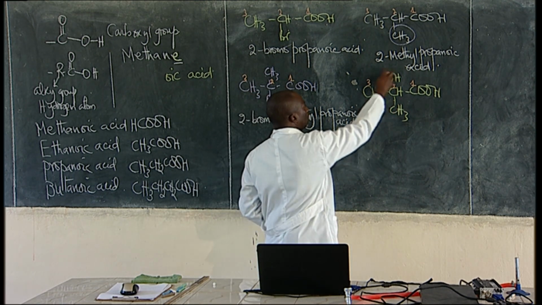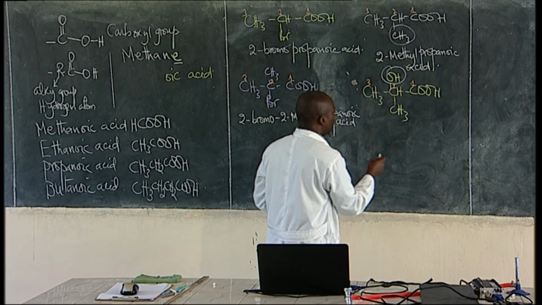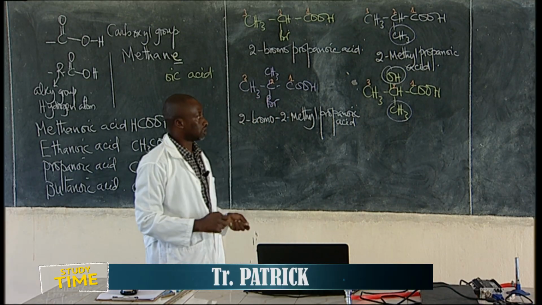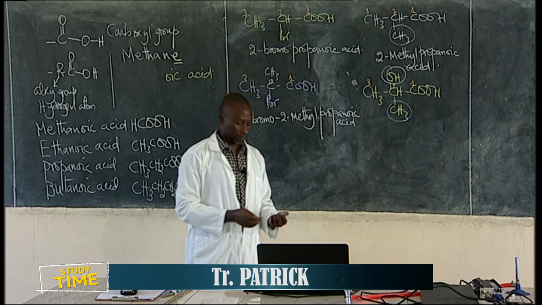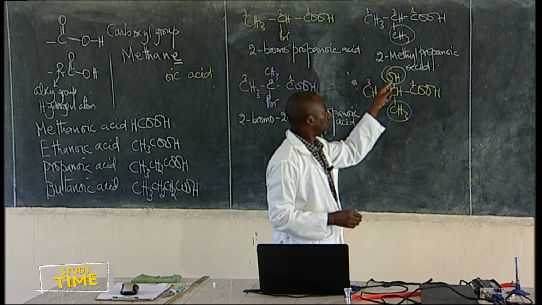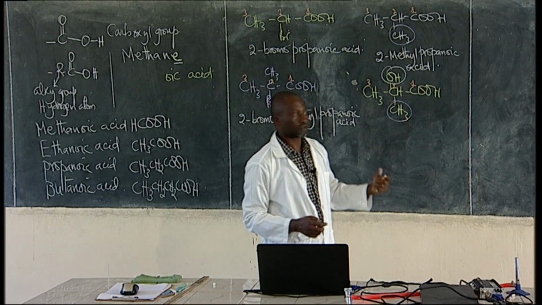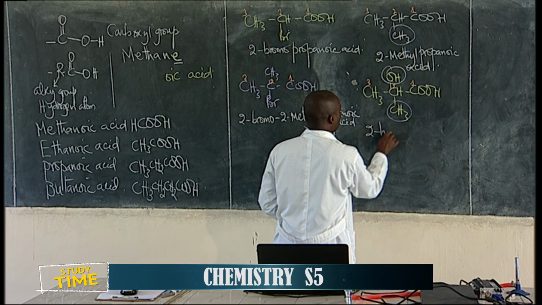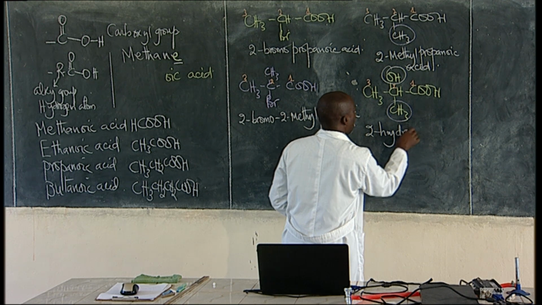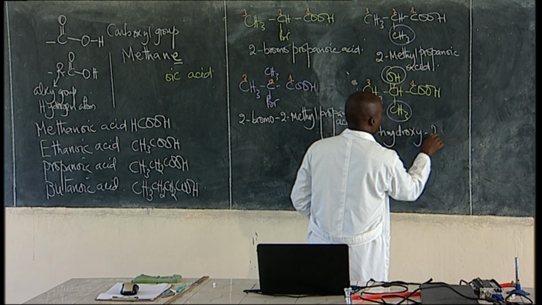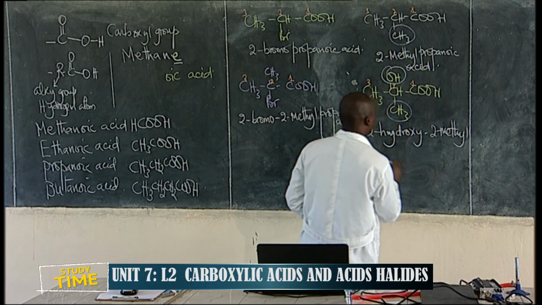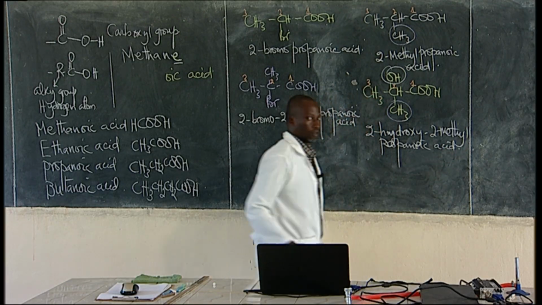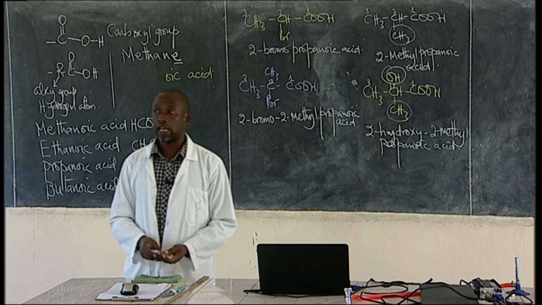You have the methyl and the hydroxyl as the substituents attached on the longest chain. Alphabetical order again: the hydroxyl comes first, of course. So you'll start with 2-hydroxy-2-methylpropanoic acid.